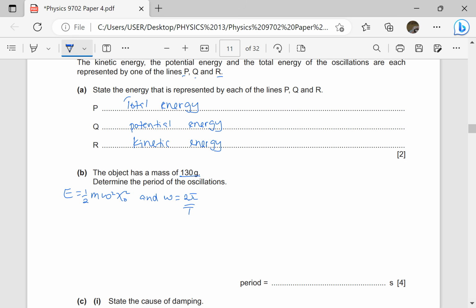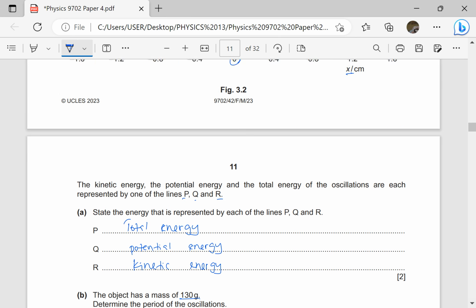The maximum energy is given as 6.4 times 10 power negative 3 from the graph, which is equal to a half. The mass has been given as 130 times 10 power negative 3, then times omega squared, which I'll write as 4 pi squared over T squared, then times x naught. That is the maximum displacement from the graph.